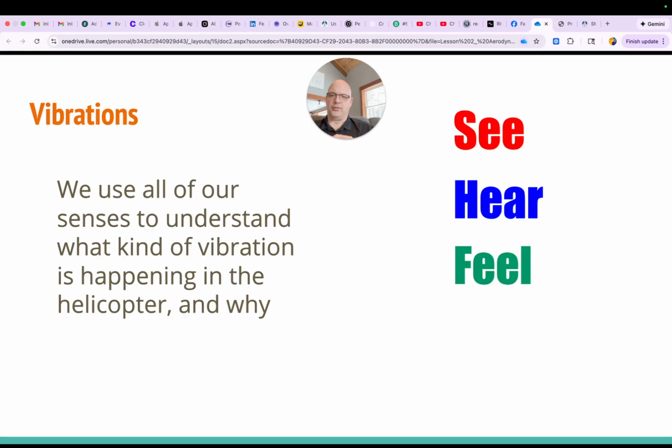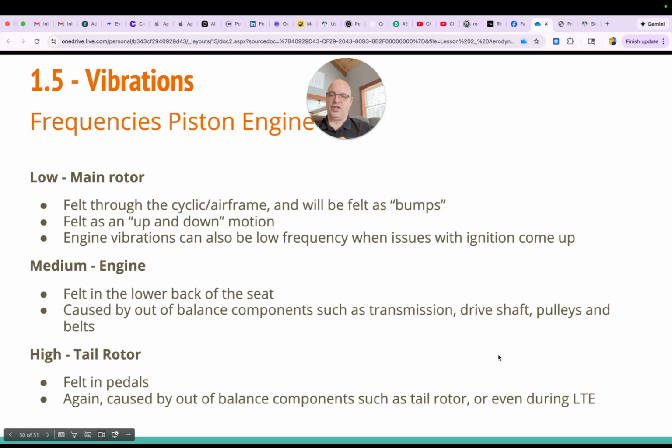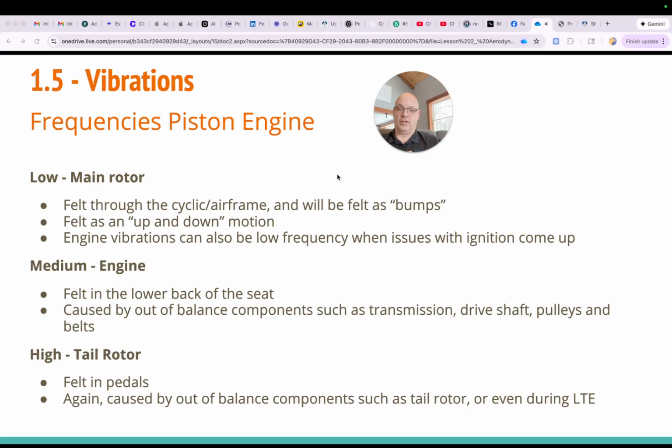Part of your startup procedure, you don't have your headset on. Right, as you start it up, you're listening to all of the components coming together. You feel the vibrations, and if there's anything abnormal, you can pick it up pretty quickly. Of course, in flight itself, you need to be very mindful about that too. And if you feel something that changes, you have to ask yourself the question: why is that, and where is it coming from? Because they could potentially be early indicators that something is not right.